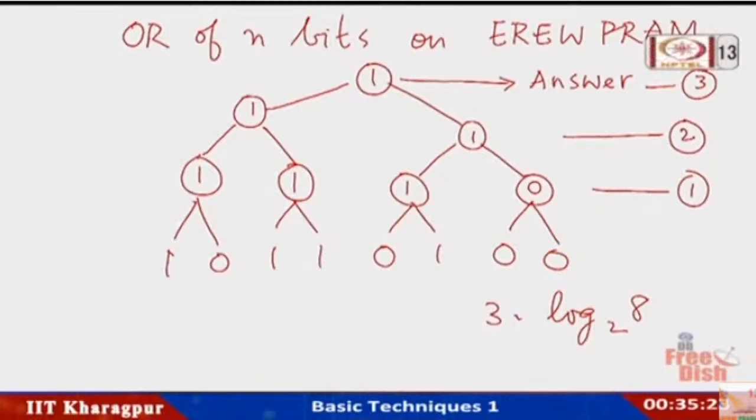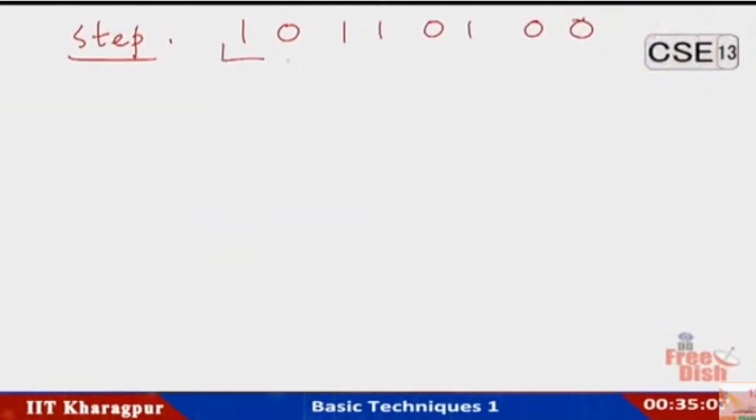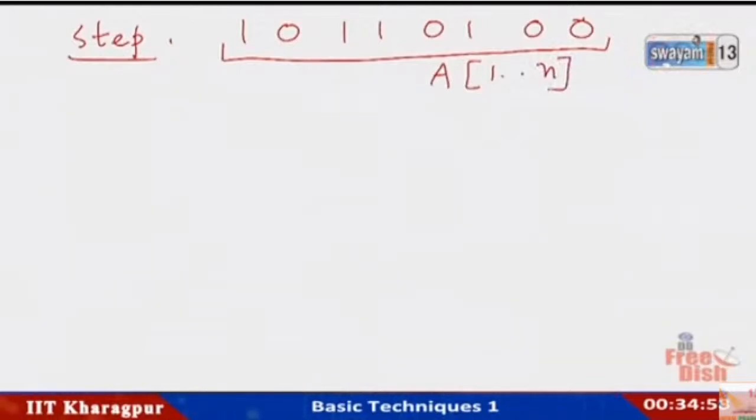So now let us look at the details of the algorithm. In the first step, given the array, what we do is to copy this array. Suppose this array is in locations 1 to n of A. We copy these elements into a new array B. B is going to contain a binary tree of n leaves.